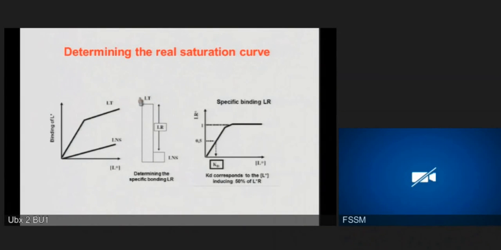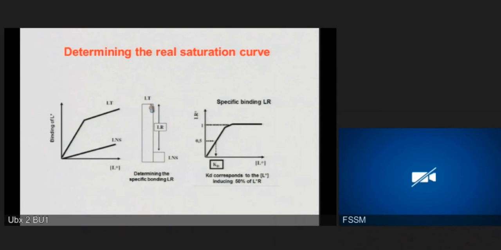Here you have the total binding and the non-selective binding, and for all the concentrations of L, the difference is LR, which is the parameter of interest.